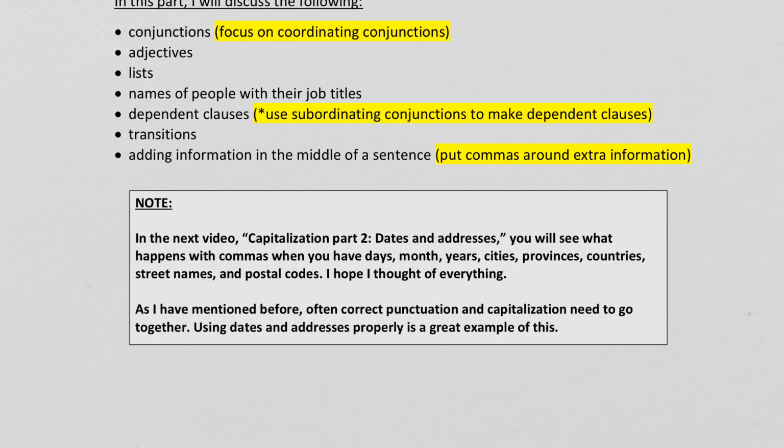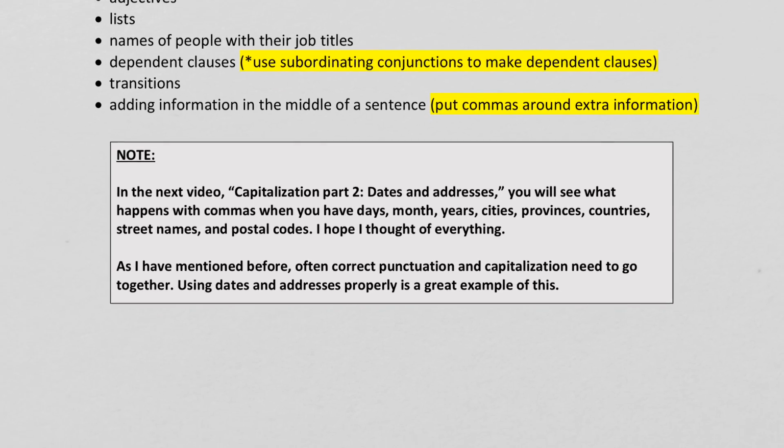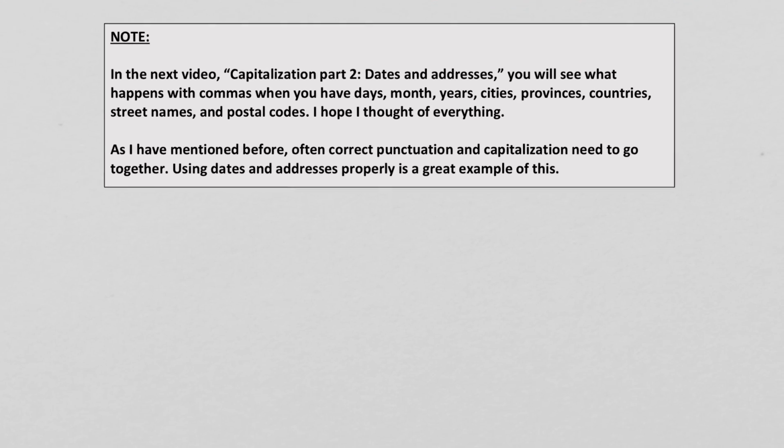But if you were writing a test, say a test on punctuation, and you had to show where the commas are supposed to go, you might not notice it. But if you were writing the sentence yourself, you would know. But if you had a test and you didn't know that there were supposed to be commas in the middle, then you might not see it. So I wanted to give you some examples of that today.